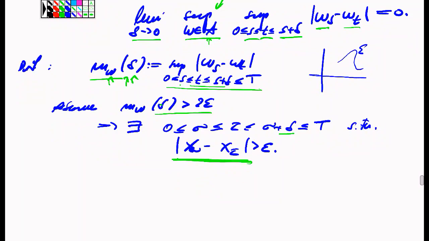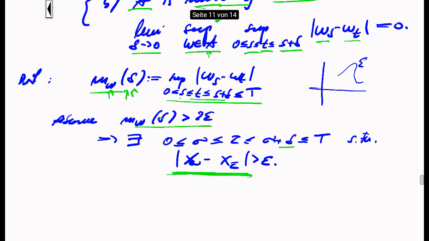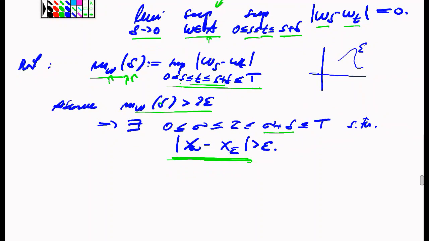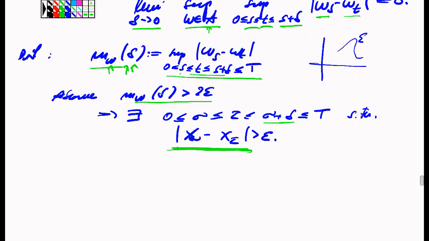Okay, so let me say it again, when the modulus of continuity of a trajectory is greater or equal than 2 epsilon, then we can find stopping times sigma and tau, which are no further away from one another than delta, such that the evaluation of the trajectory on these two stopping times differs by at least epsilon.